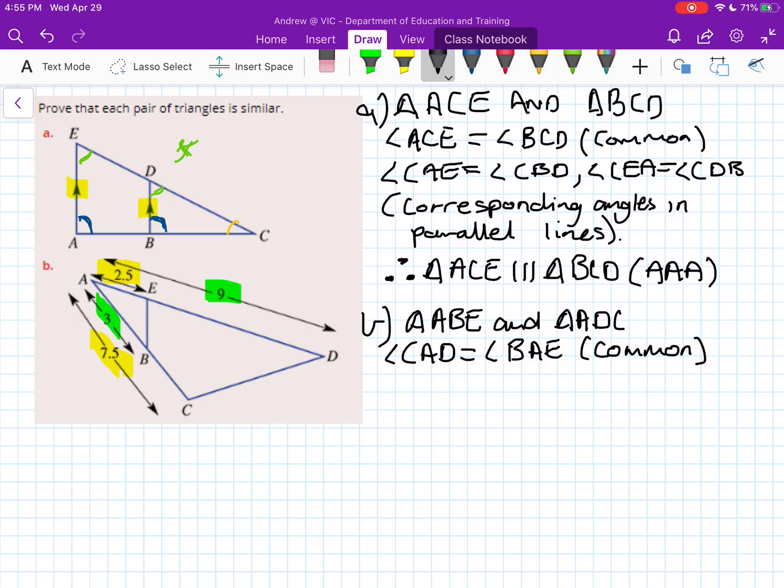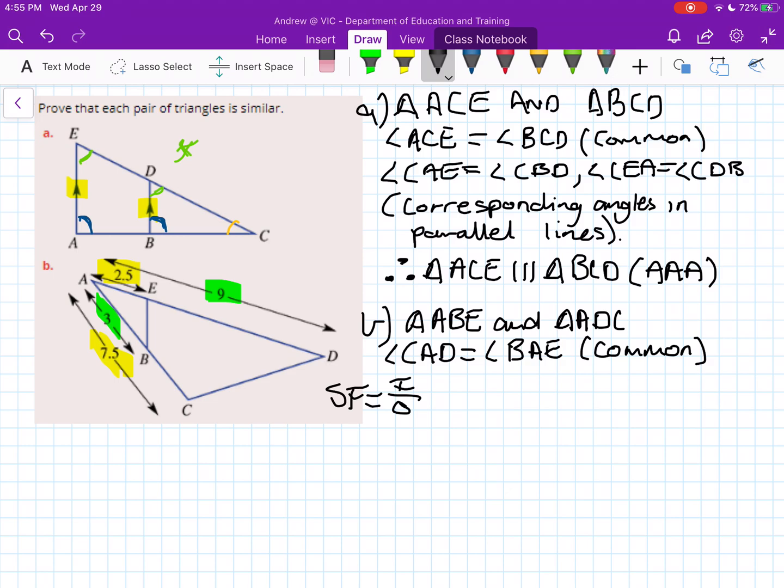Alright, so now we just need to work out our scale factor. So just remember, scale factor is equal to the image over the original. Sorry, I'm being lazy and not writing it all out, but hopefully you heard that.